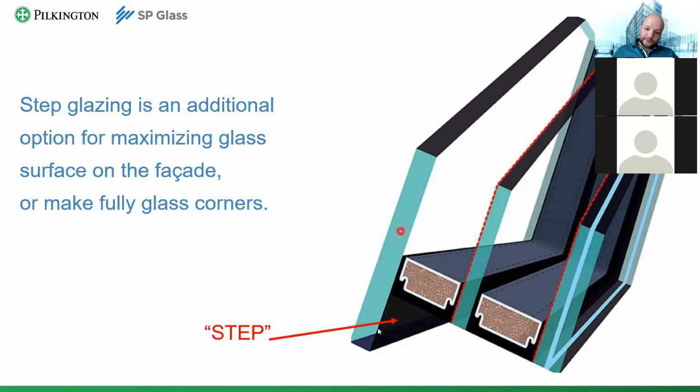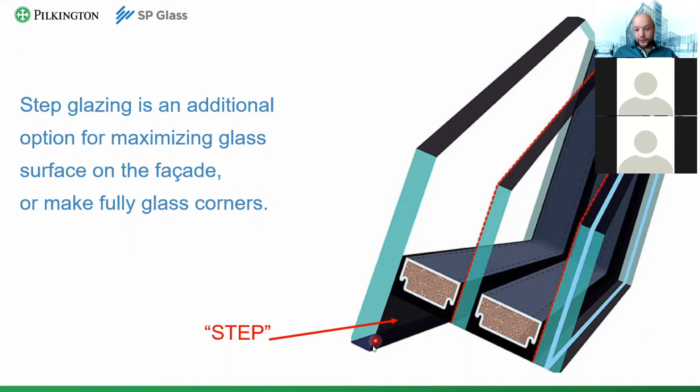And the step glazing mostly can pose some kind of difficulties, mainly for the producer of the IG unit, if you have some soft coating on the outside and a huge step. And the problems can arise during the tempering process, but again, we'll be talking about it a little bit later.